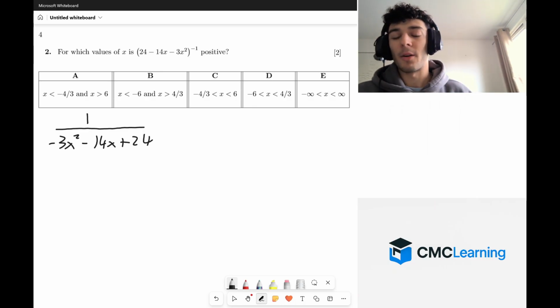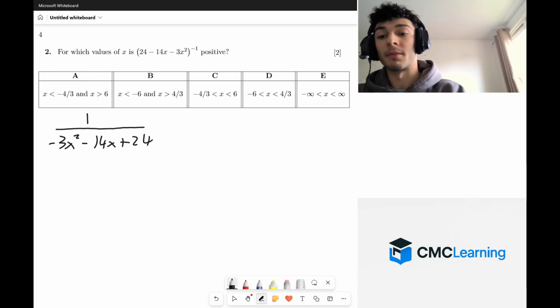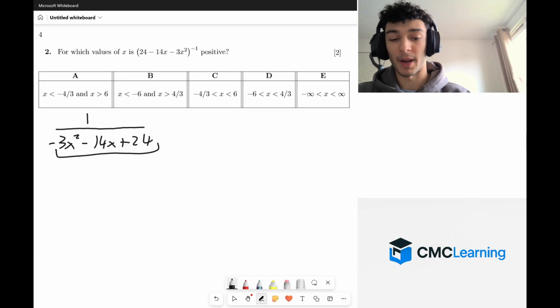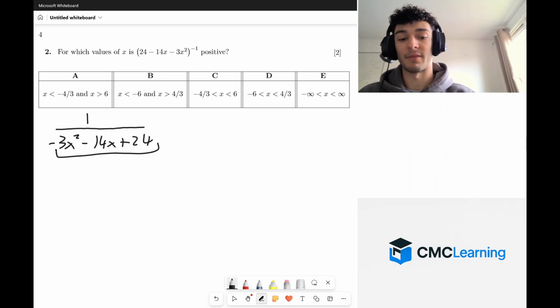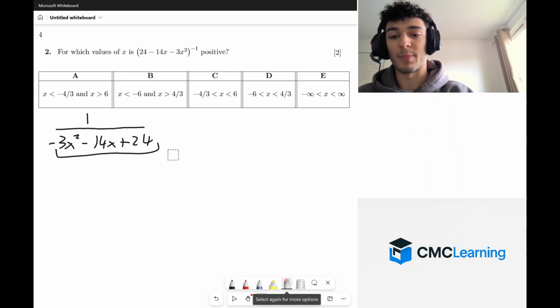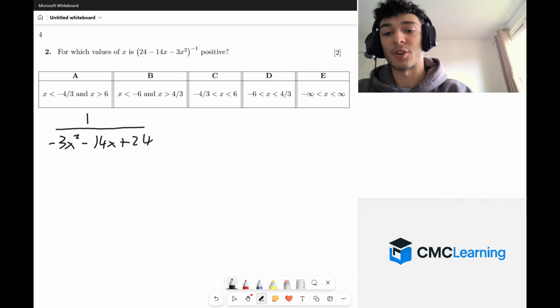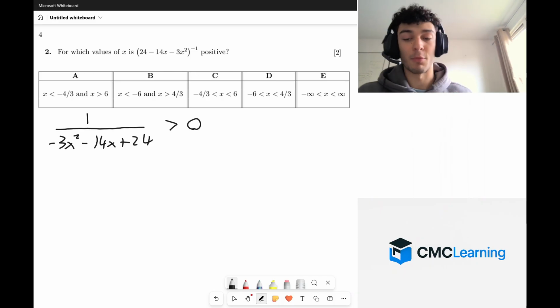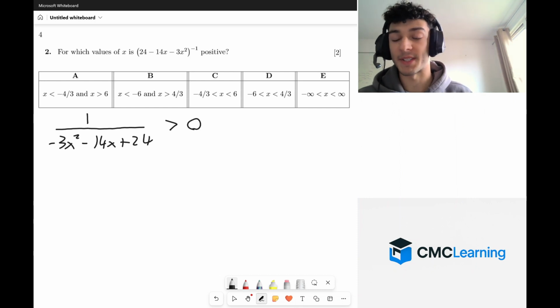And hopefully what we can see here is certain values of x are going to influence what this denominator becomes. And they want us to say when this expression is positive. Another way of putting that is when this entire fraction is greater than 0. Now if we have a look at the numerator on our fraction, we have a positive number.